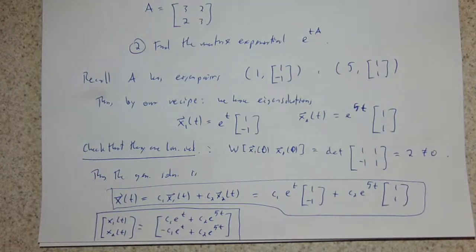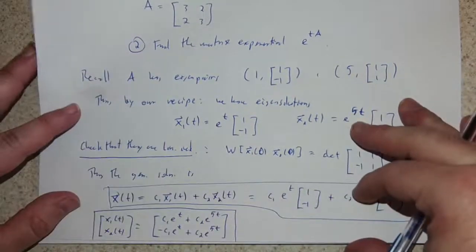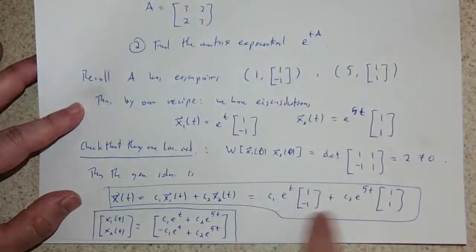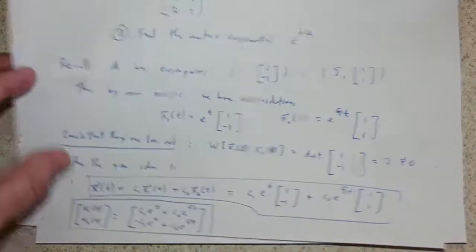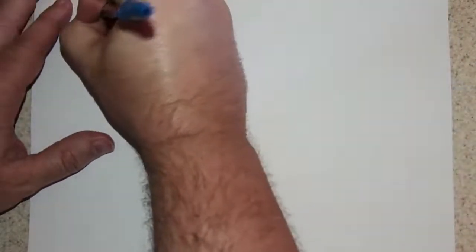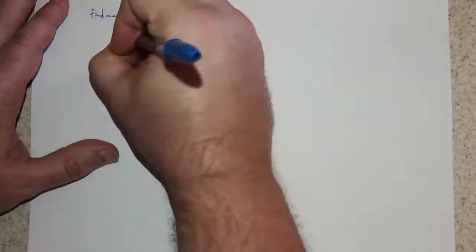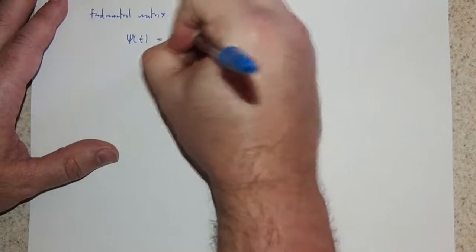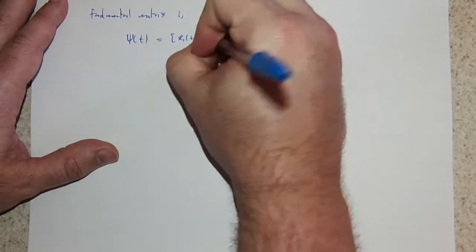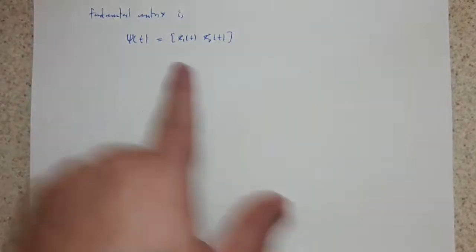Now, what other quantities can I come up with? So this is finding the general solution. Boom, there it is. I want to find the matrix exponential. Before I do that, I want to write out the fundamental matrix. The fundamental matrix for this system is Psi of t, which contains x1 and x2 as its columns.